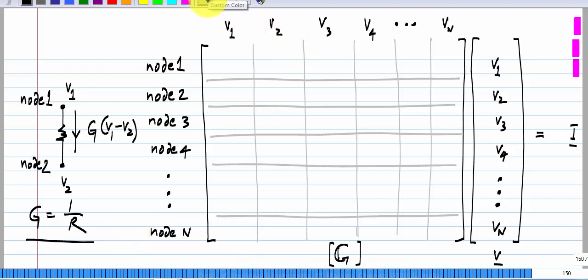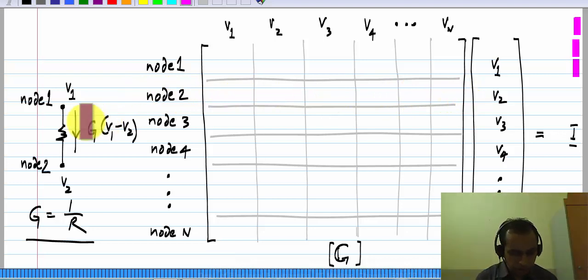Now this current flows from node 1 to node 2. So obviously entries corresponding to this resistor will appear in this equation corresponding to node 1 and this equation corresponding to node 2. And secondly, the current itself depends on V1 and V2. So it will appear in this column corresponding to V1 and this column corresponding to V2.